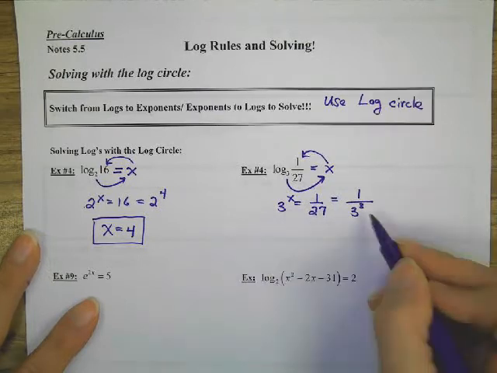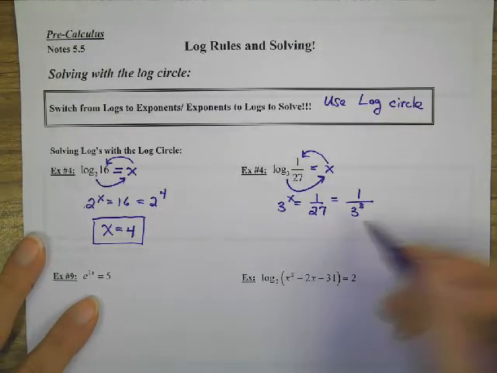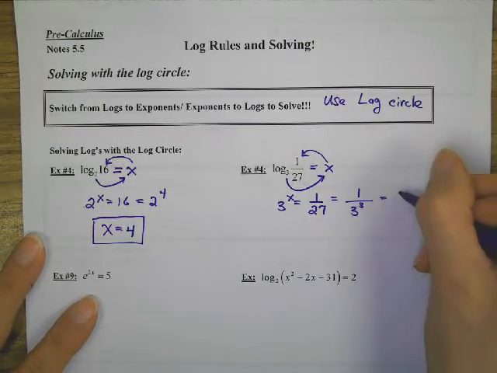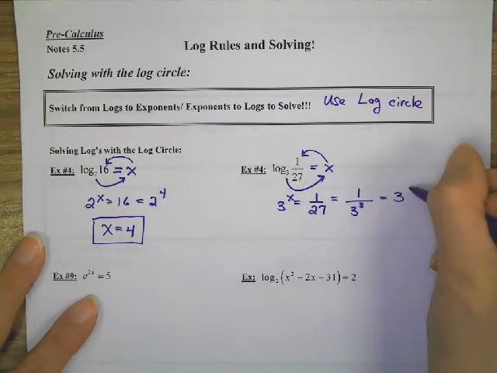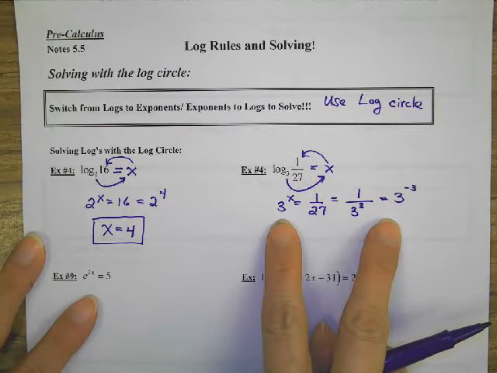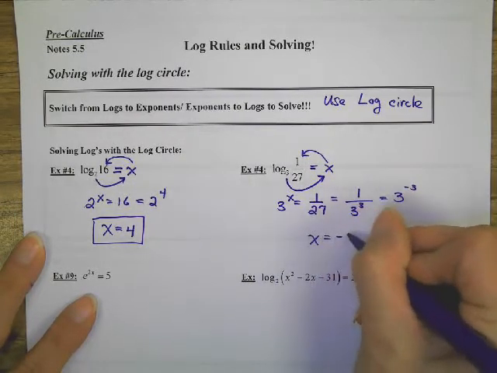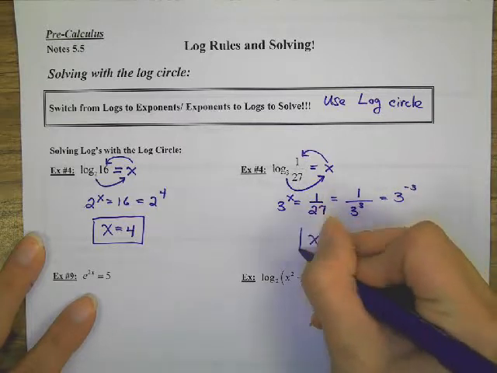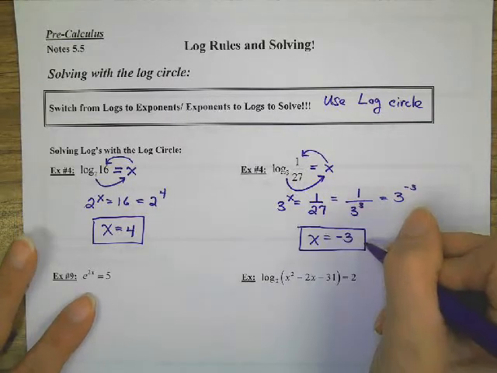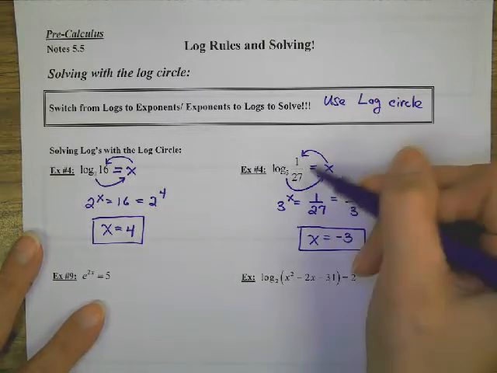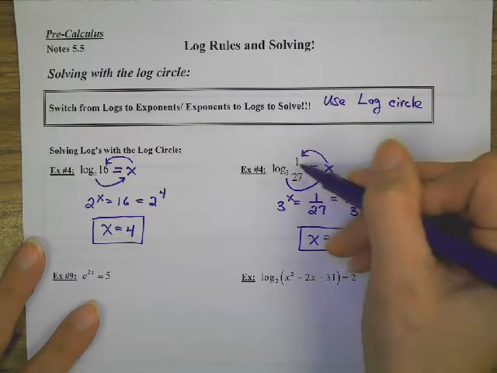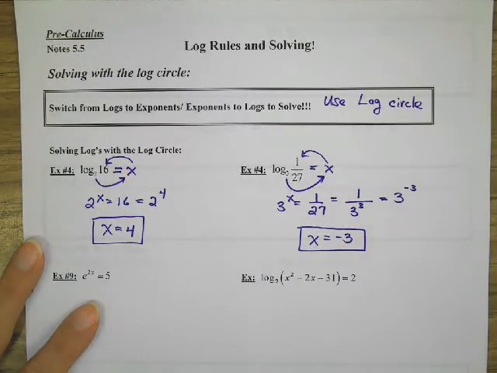I love that I have bases of 3's, except this one's downstairs in the denominator. Let's bring it upstairs and write it as 3 to the power of negative 3. If you have common bases, then you have equal exponents. x is equal to negative 3. And some people say, wait a minute, let's go ahead and check this answer. Okay, but when I look at my original problem, the negative wasn't going into the log. That's okay.